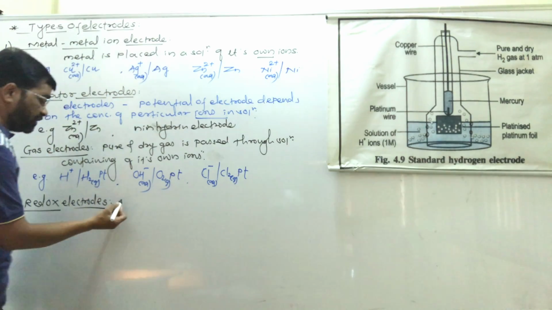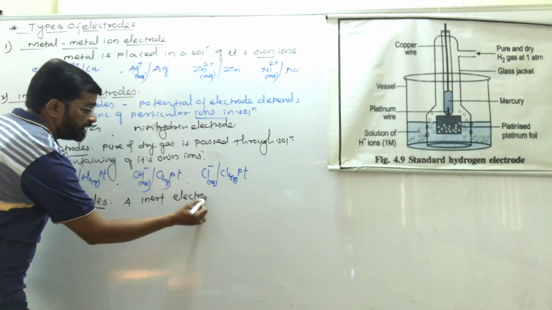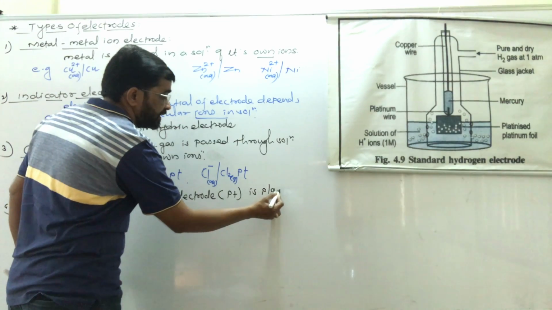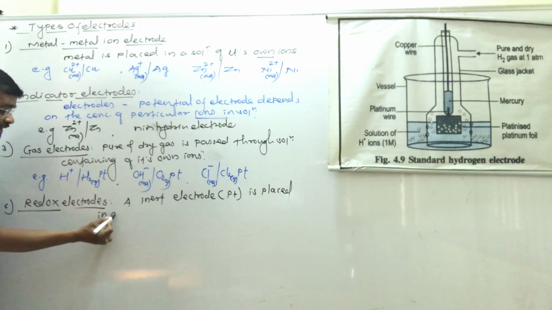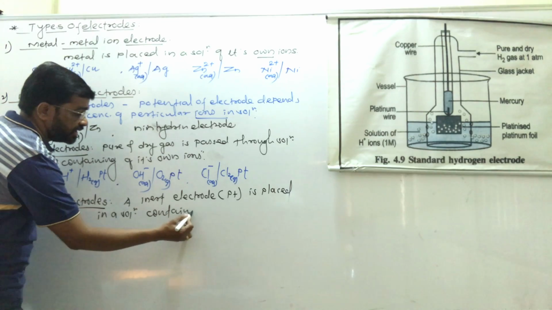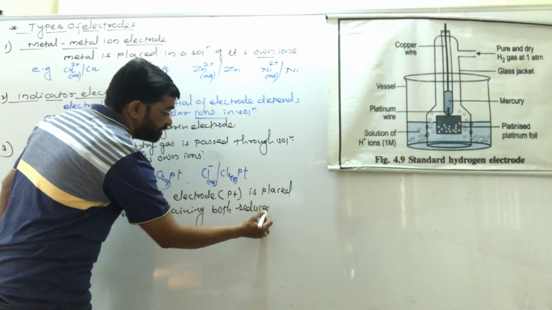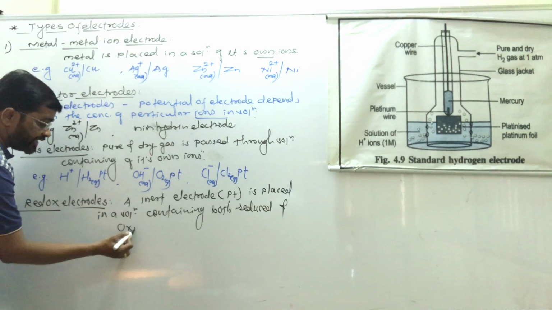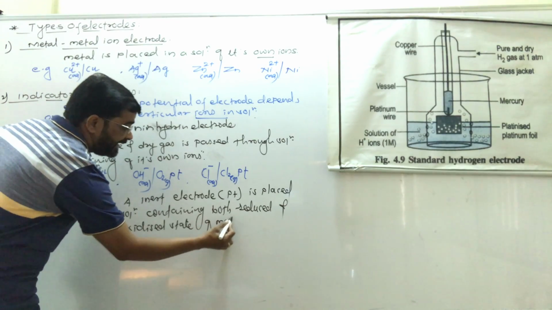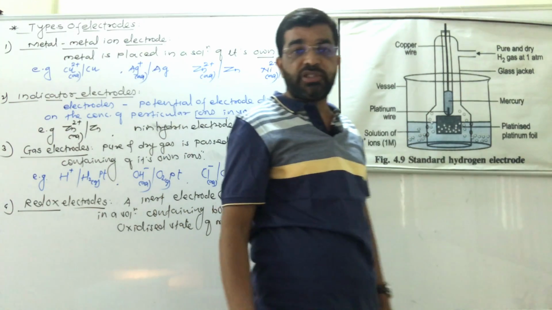In this type of electrode, an inert metal like platinum is placed in a solution containing both the reduced as well as the oxidized state of that metal ion. That type of electrode is called a redox electrode.